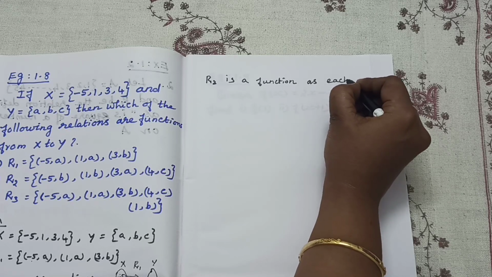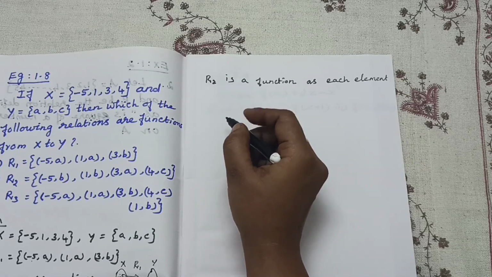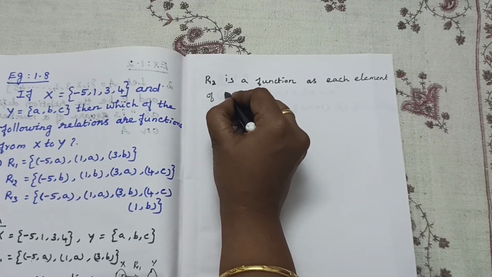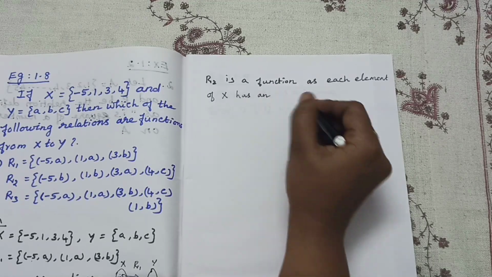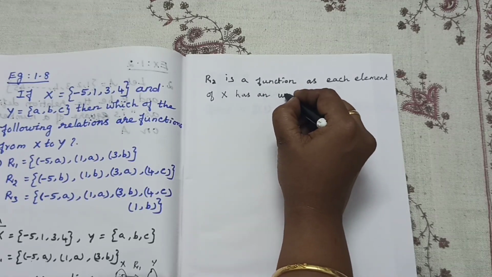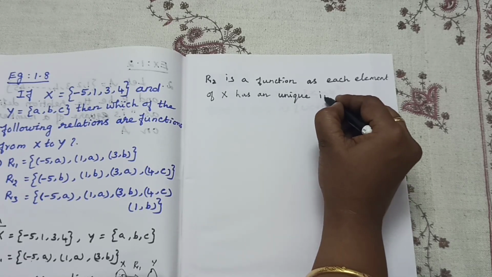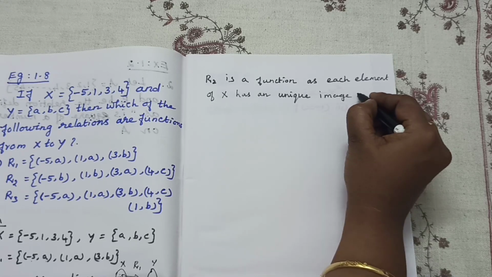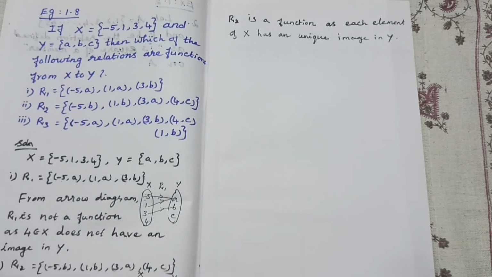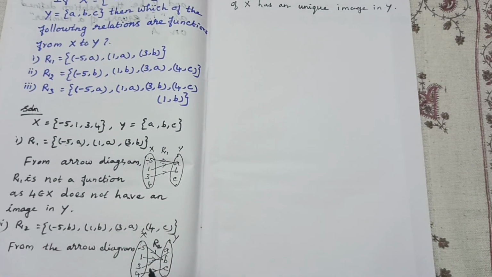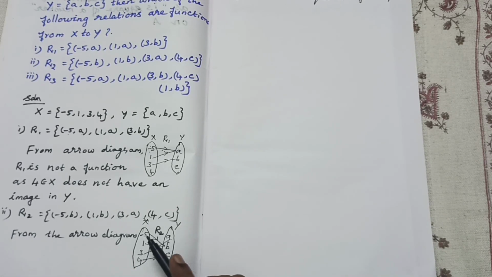Each element of X has a unique image in Y. Have you understood? You see here from the arrow diagram, this relation R2 is given.